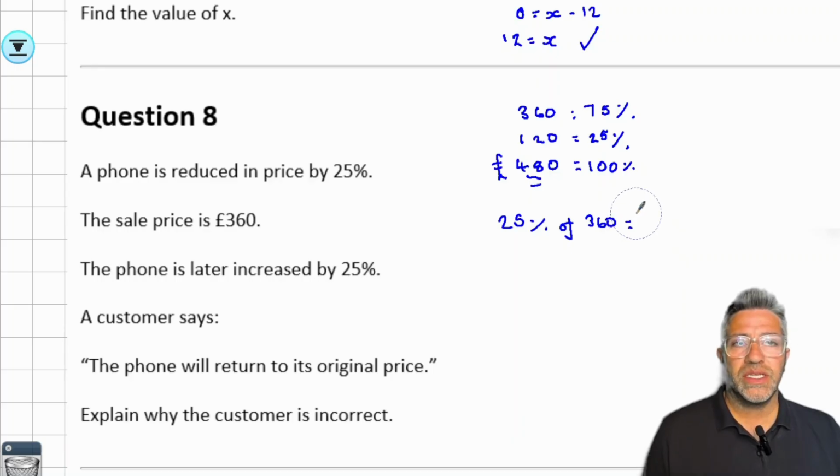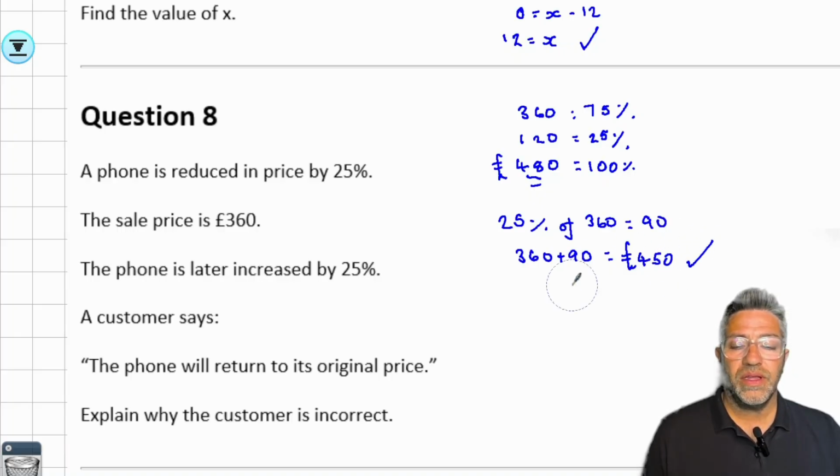Half of 360 is 180. Half of 180 is 90. So by the customer's calculations, 360 add 90 should take us to our original value, but it doesn't. It only takes us to 450.